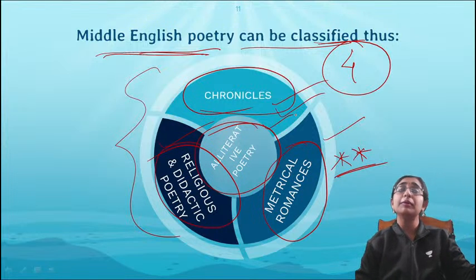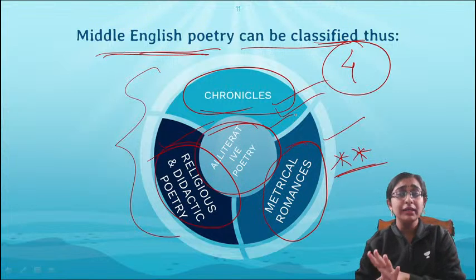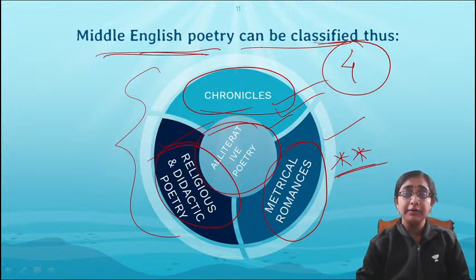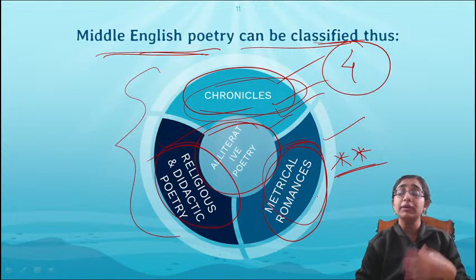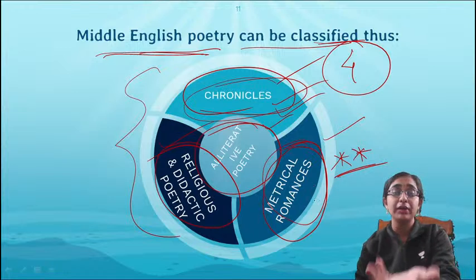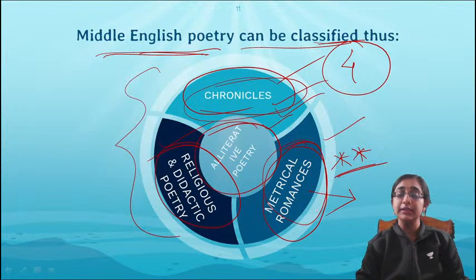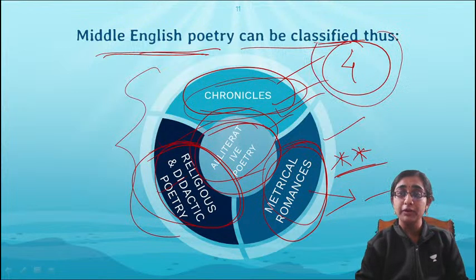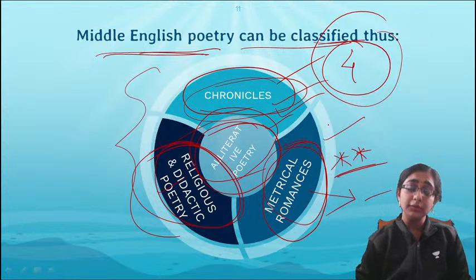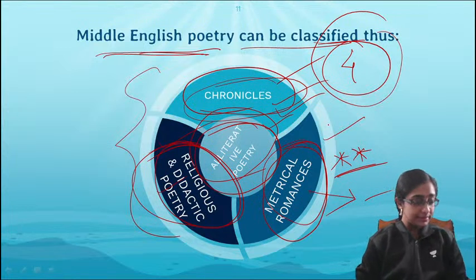In the Anglo-Saxon age only the Anglo-Saxon Chronicle was important, but in the Middle English age you will find a lot of chronicles related to history. So it became an important genre. Another is metrical romance, in which chivalric and knightly virtues were prioritized. Knightly stories were there, and there are also alliterative poetry and religious and didactic poetry. So these are the 4 important genres of Middle English poetry. Now we will talk about all these genres in detail in this video.